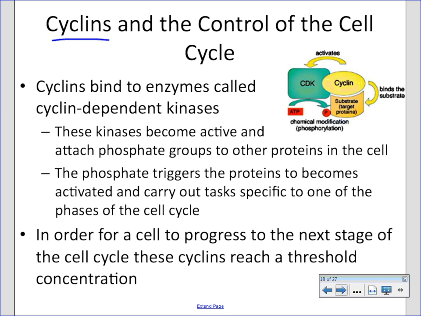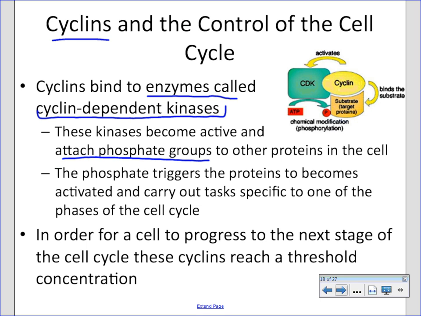But basically, cyclins are going to bind to enzymes called cyclin-dependent kinases. Anything that is a kinase is going to attach a phosphate group to another protein in a cell. So those cyclins will bind to the cyclin-dependent kinases.